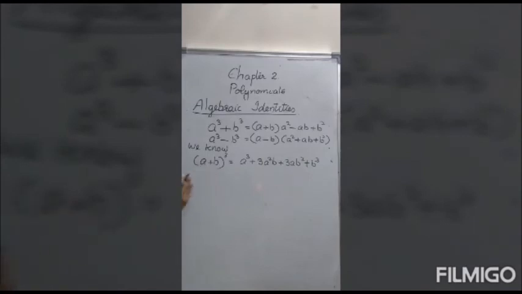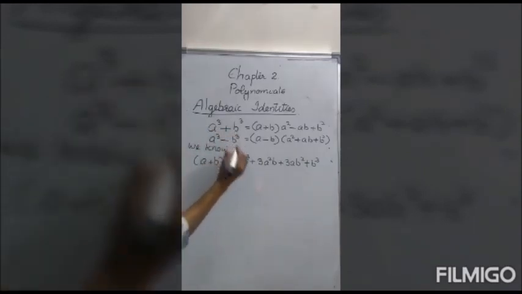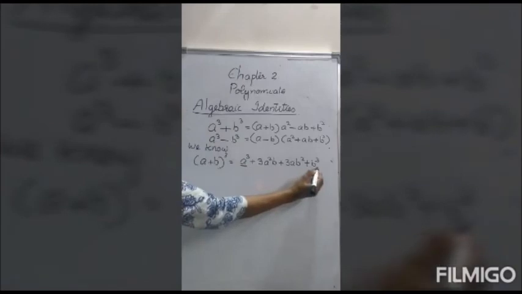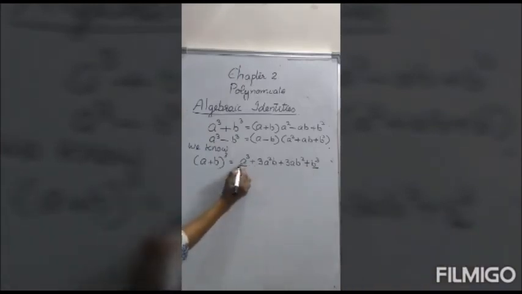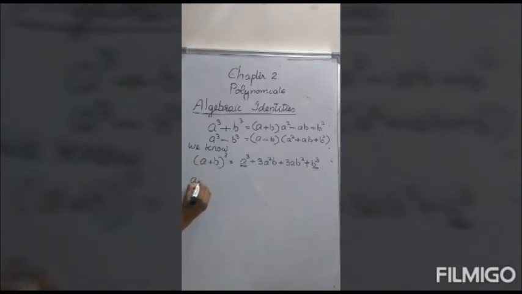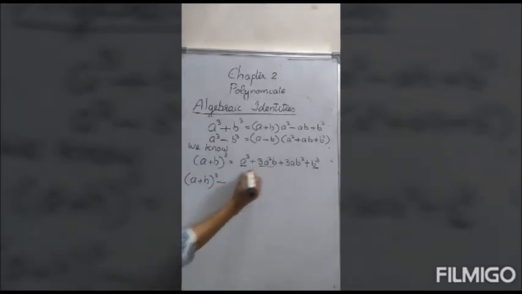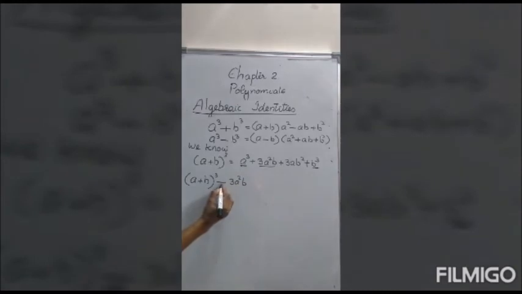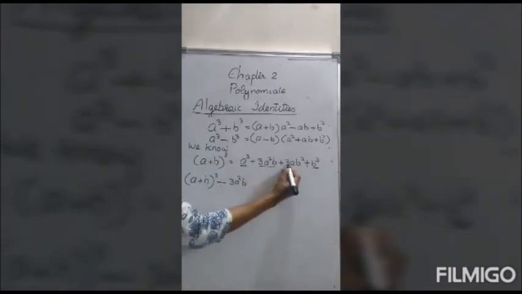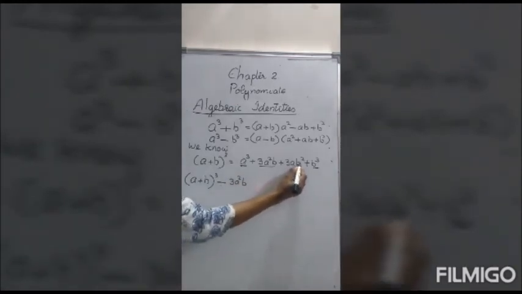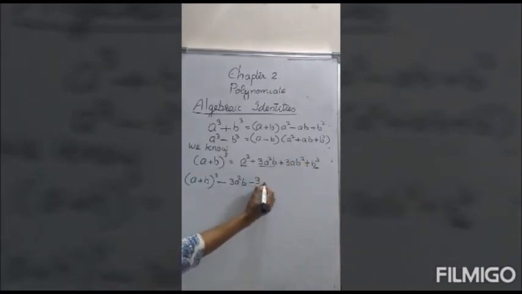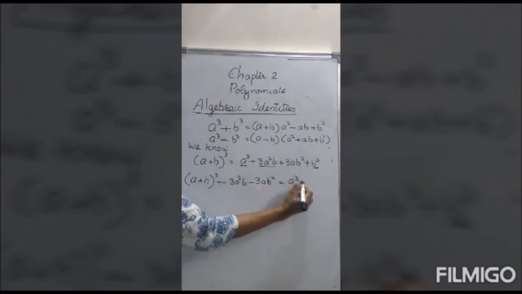Now we want a cube + b cube. a cube + b cube remains here and taking all others to the other side, that is (a + b) whole cube minus 3a square b, plus comes to this side and becomes minus, and 3ab square becomes minus 3ab square, equal to a cube + b cube.